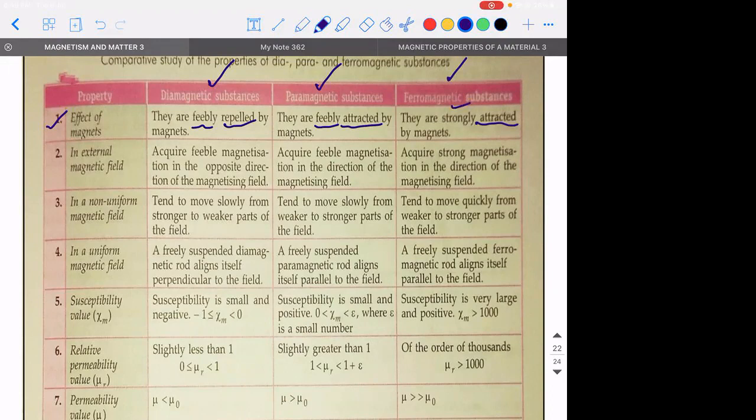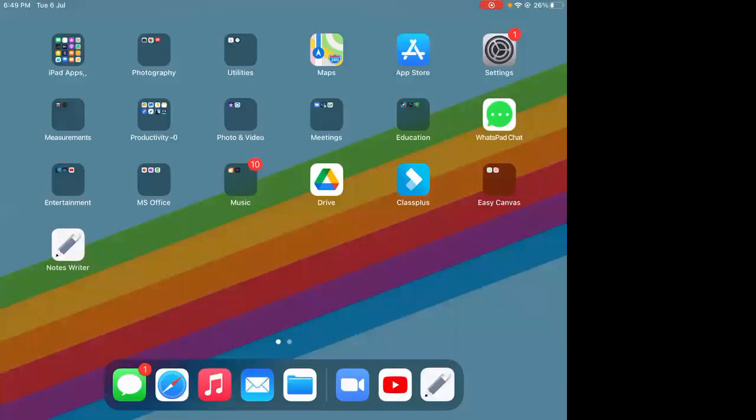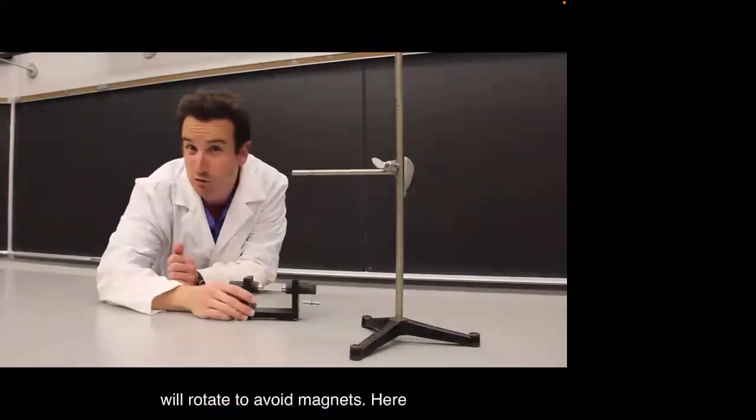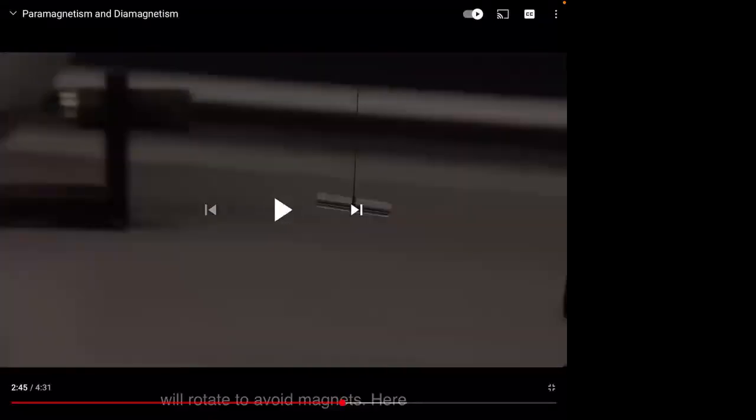Okay. Next is in external magnetic field, what will happen? Shall we see what is going to happen in the presence of external magnetic field? You see this example, and this example in the video itself. A glass object is a diamagnetic material and it will rotate to avoid the magnets.